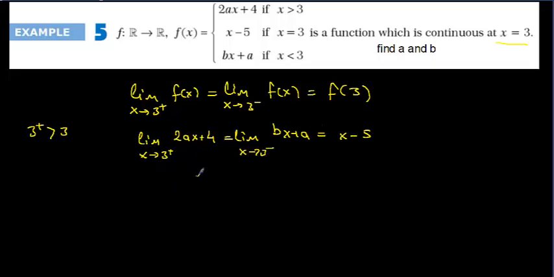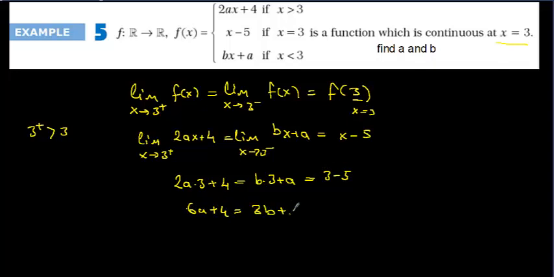When I replace by 3, 2 times a times 3, because it's a polynomial function, plus 4, should be equal to b times 3 + a, and here the x value is 3, so 3 - 5. Okay, 6a + 4 is equal to 3b + a is equal to -2.